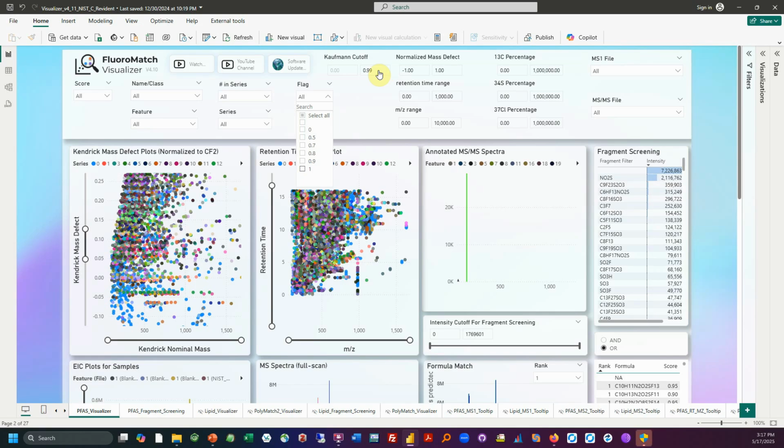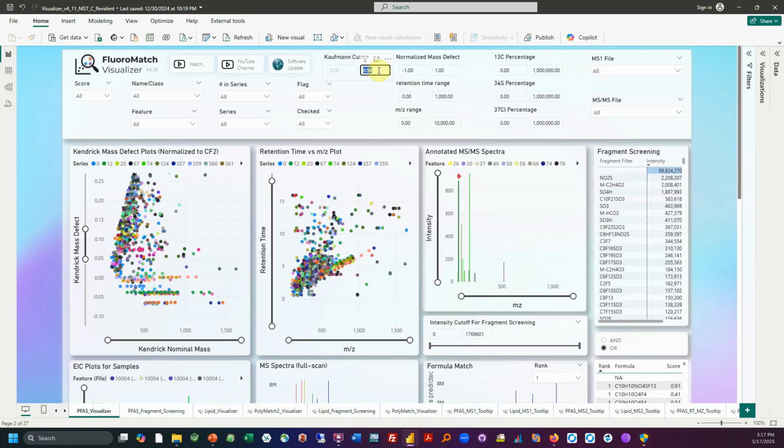Now, let's take off this filter, and what we can do in the software is we can look at the Kaufmann cutoff, and we can set this Kaufmann cutoff, let's say to 0.95, right? Or 0.94, so below 0.95. So now it's only things that fall within the 94th percentile of the Kaufmann region.